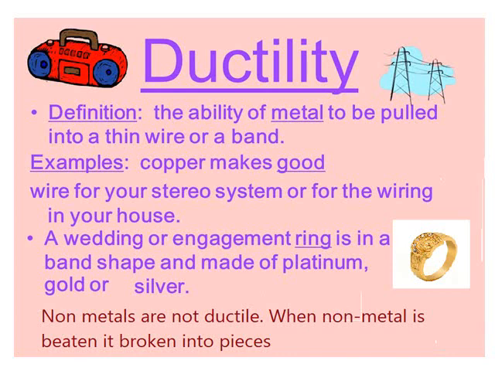For example, if you open up the ordinary wires that we connect to various electrical equipment in our houses, you will see copper wires which are very, very thin inside it, isn't it? So, this property of making a metal into thin wires is called ductility.